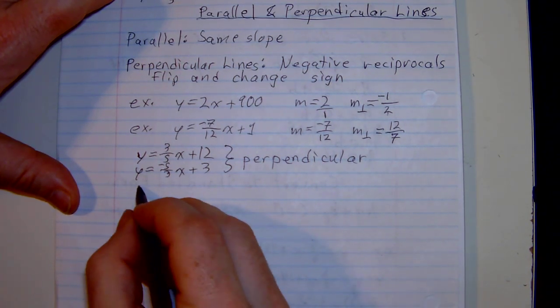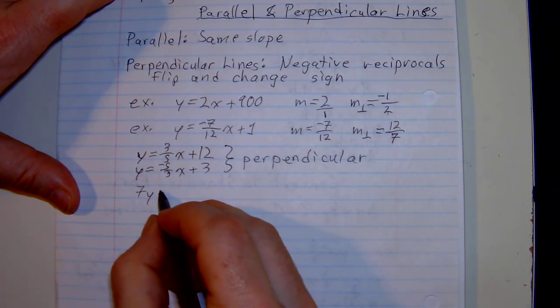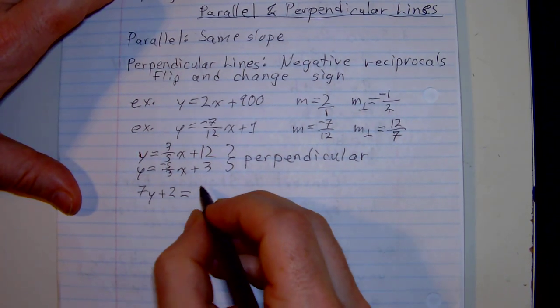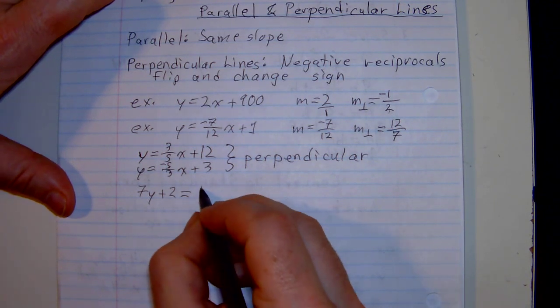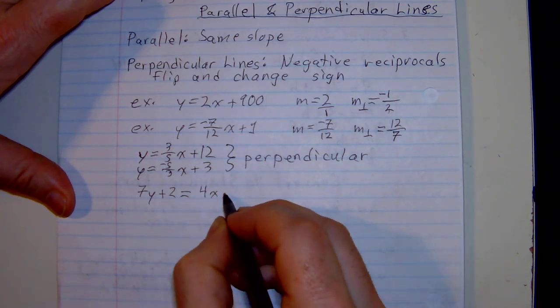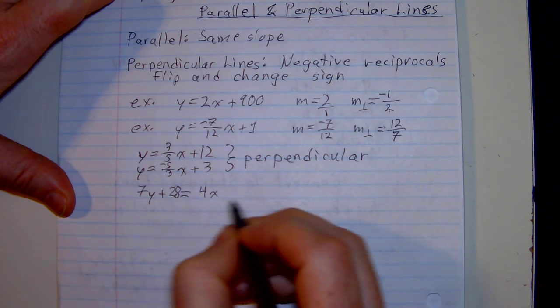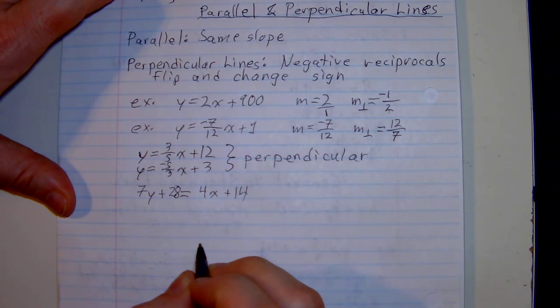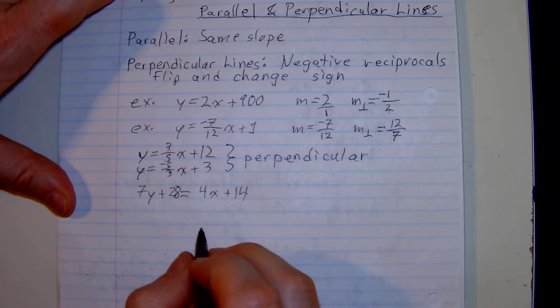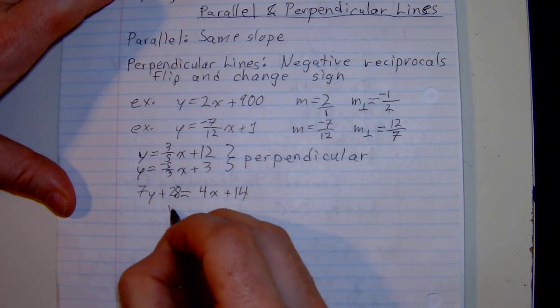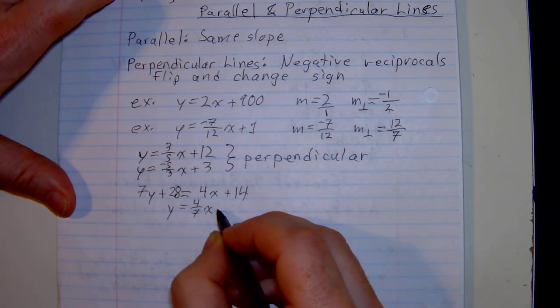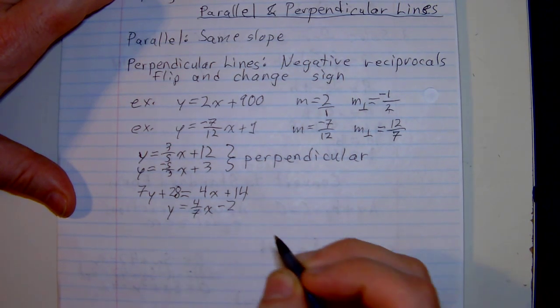So here is a different one, 7y plus 28 equals 4x plus 14, and y equals 4/7 x, let's say minus 2.